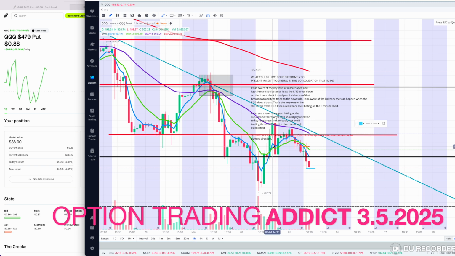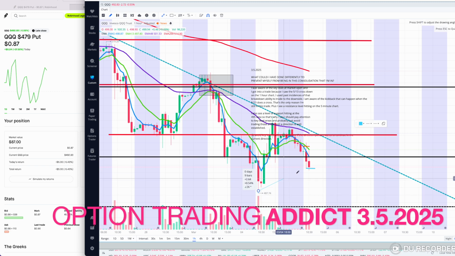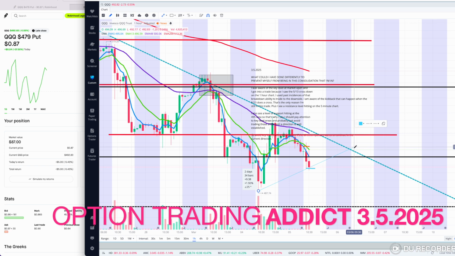Here's your low right here. If it's gonna reverse, then it's gonna kind of stick to that area, go back to the trend line, probably bust past it, do a pullback, and then continue to the upside. But I don't know.